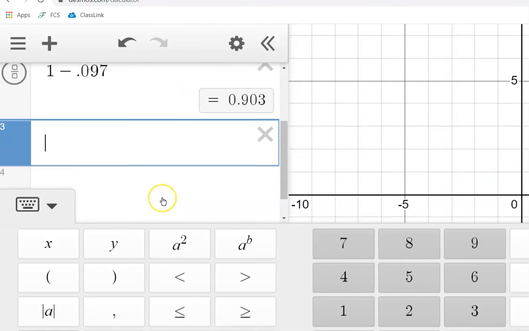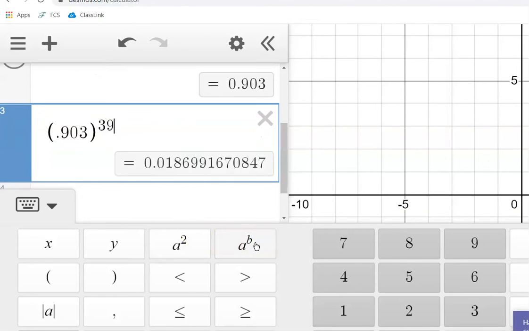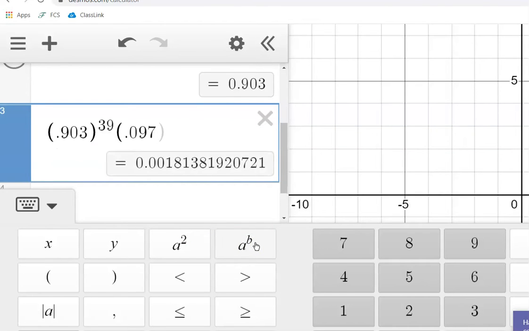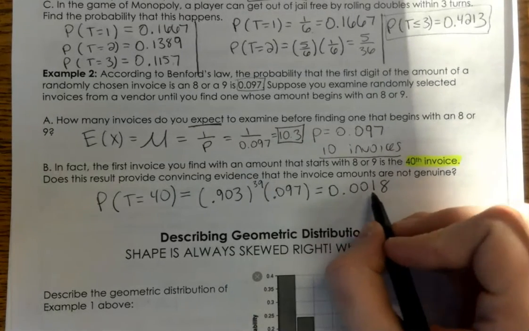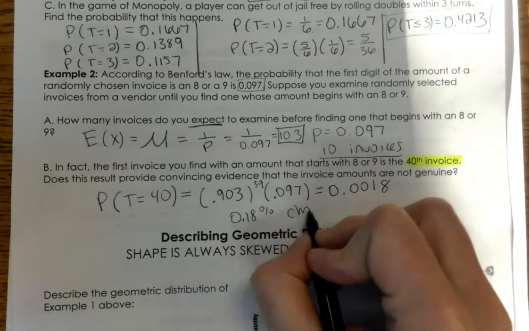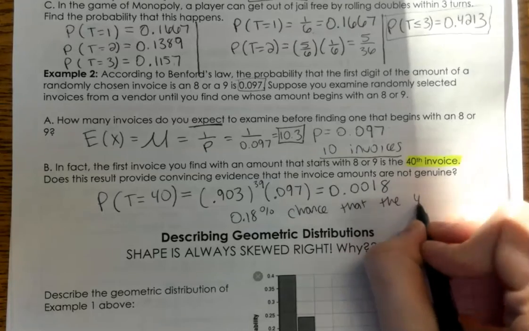So that would mean 0.903 raised to the 39th power, because that's how many failures we had. And then we had our one success. So our probability is 0.0018. When I convert that to a percent, that's 0.18% chance that the 40th invoice is our first success.